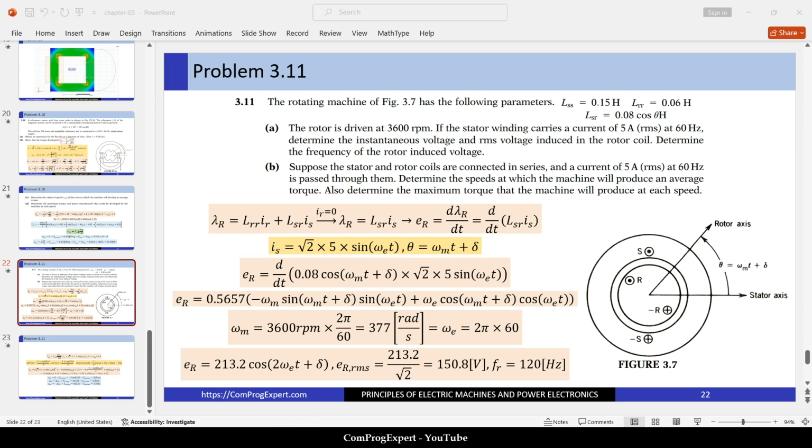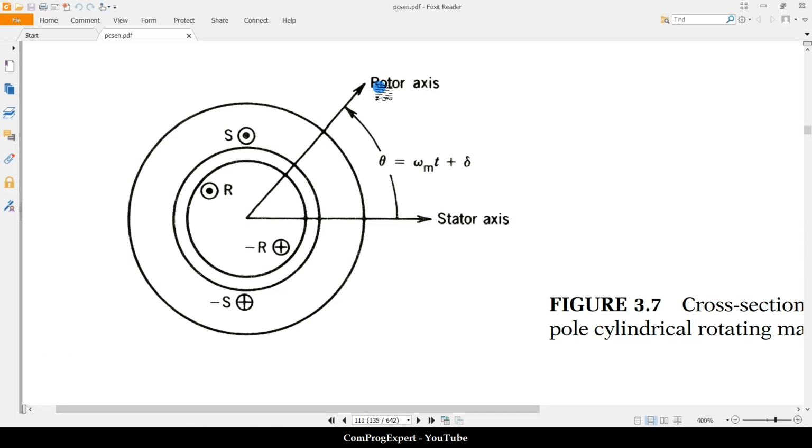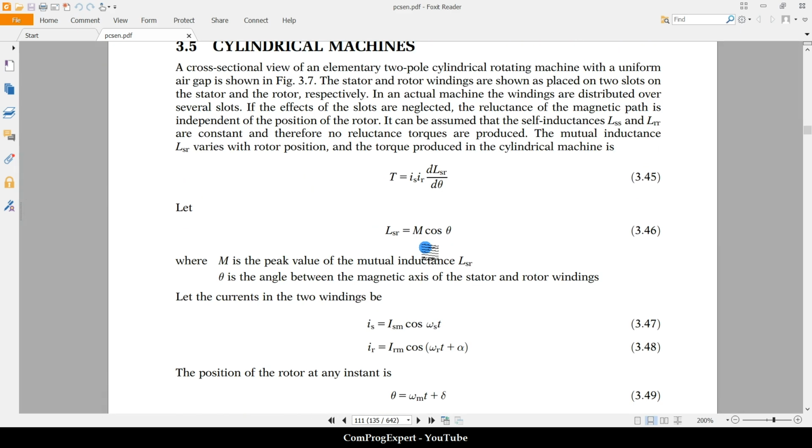And now you can realize what is the rotor axis and what is the stator axis. This is theta, the angle between the rotor axis and the stator one. When the rotor is moving, we can write theta is equal to omega m t plus delta.